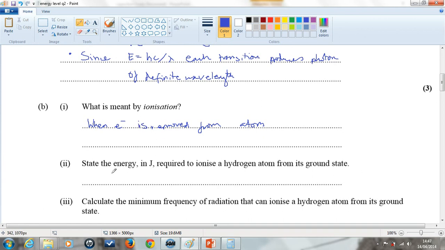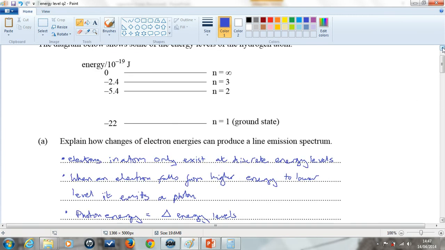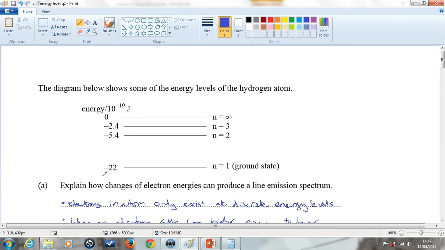The next part of the question says, state the energy in joules required to ionize a hydrogen atom from its ground state. Well, if we have a look back at our diagram, the ground state is at minus 22 times 10 to the minus 19 joules, and it's got to get all the way up to 0. So it has to gain 22 times 10 to the minus 19 joules, or the difference in energy between our ionization level here at 0 joules and our ground state at minus 22.